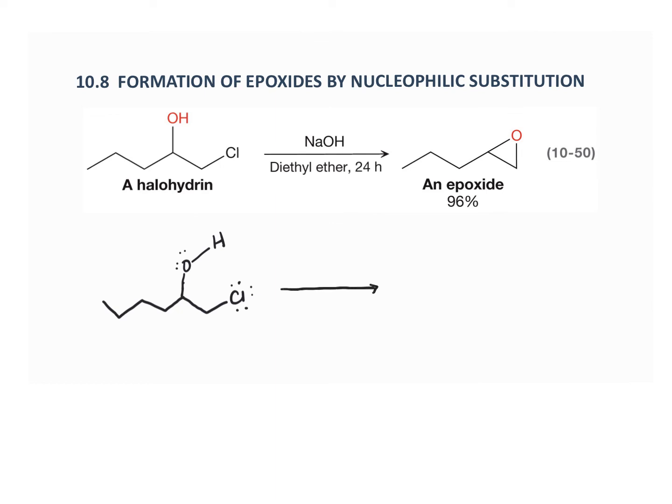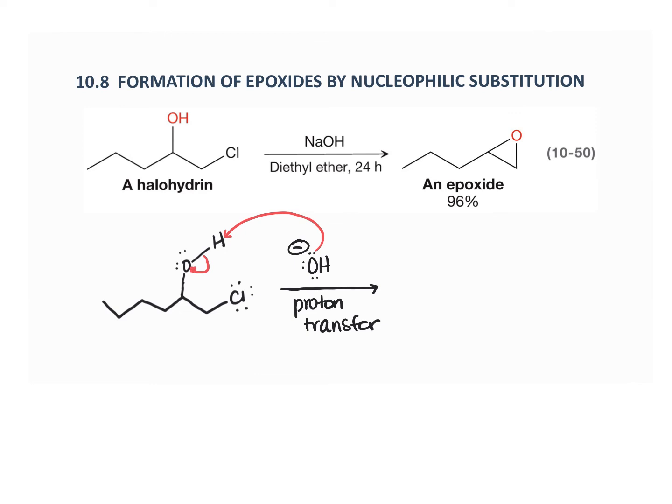So the first step is going to be a proton transfer. We're in basic solution. So we lose that Na as a spectator ion. So we have OH minus, right? And so it's a proton transfer. So it's going to come in, it's going to steal that proton. Those electrons that make up the bond between the oxygen and hydrogen are going to go over there to the oxygen.